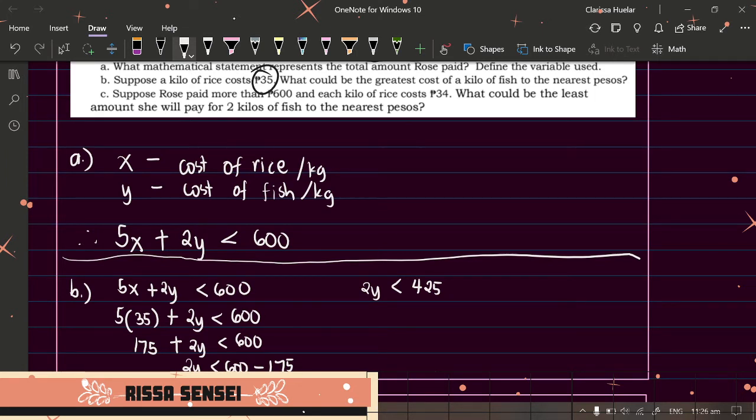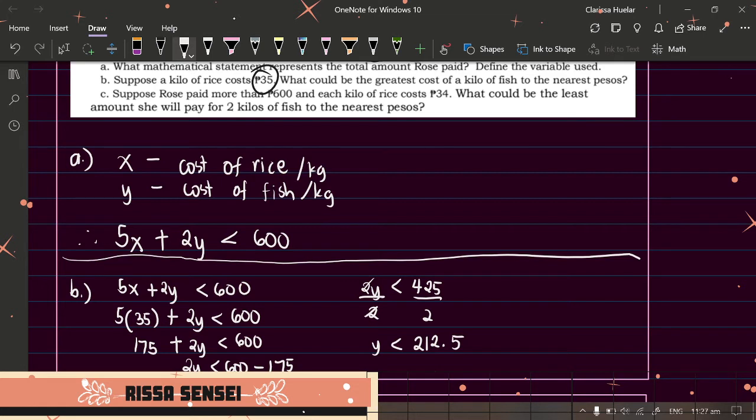Then, okay. Then we divide both sides by 2. Y is less than. So, 4 divided by 2 is 2. 2 divided by 2 is 1. 5 divided by 2 is 2. Remainder 1. Tama ba?